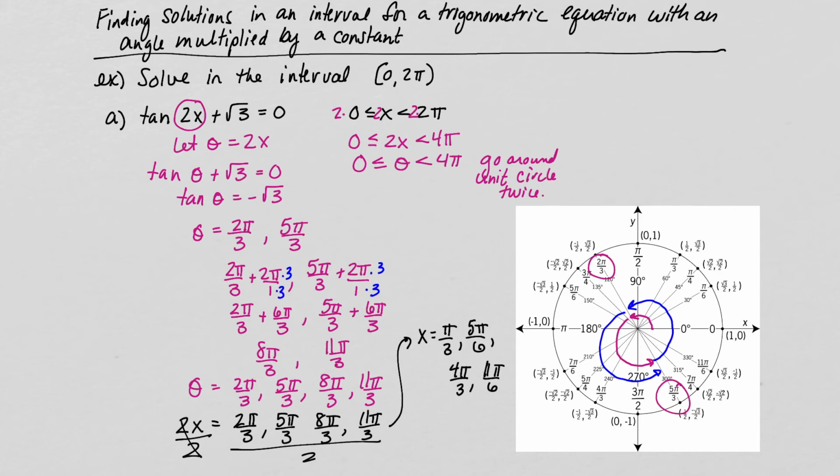So let's try another one. So b here, 2 sine of x over 2 minus square root of 2 equals 0. So again, the first thing I'm going to do is let this x over 2 be equal to my theta. So we're going to let theta be equal to x over 2.